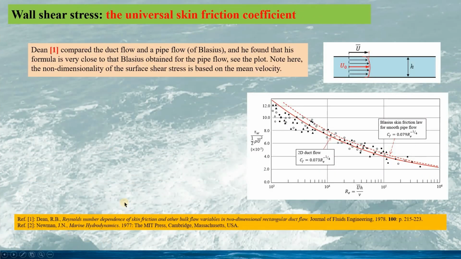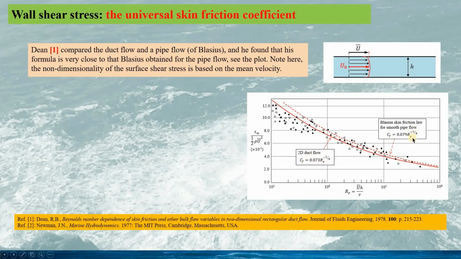In the reference 1, Ding compared a duct flow, see this picture, and the pipe flow based on the Blasius skin friction law, and he found that his formula is very close to that Blasius obtained for the pipe flow.